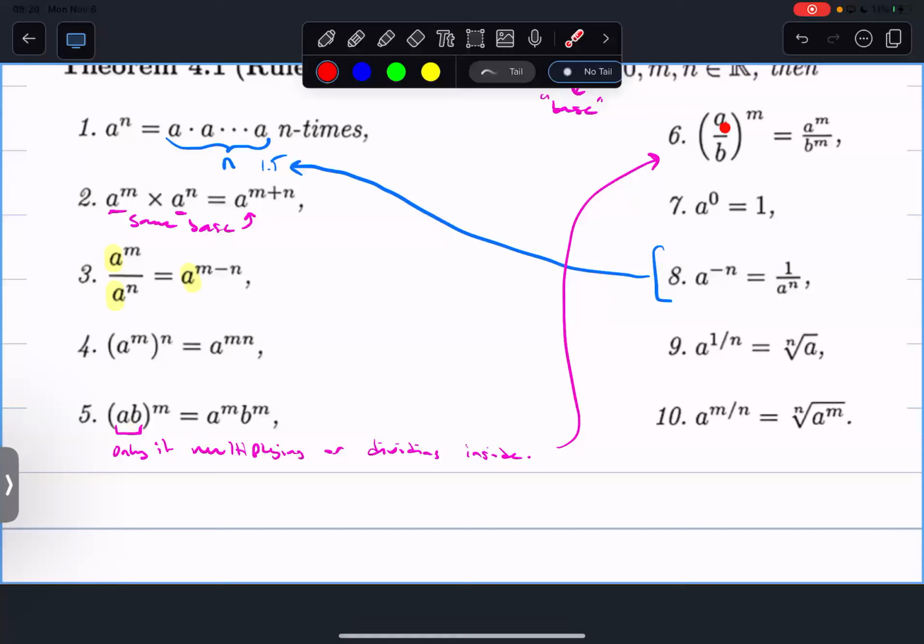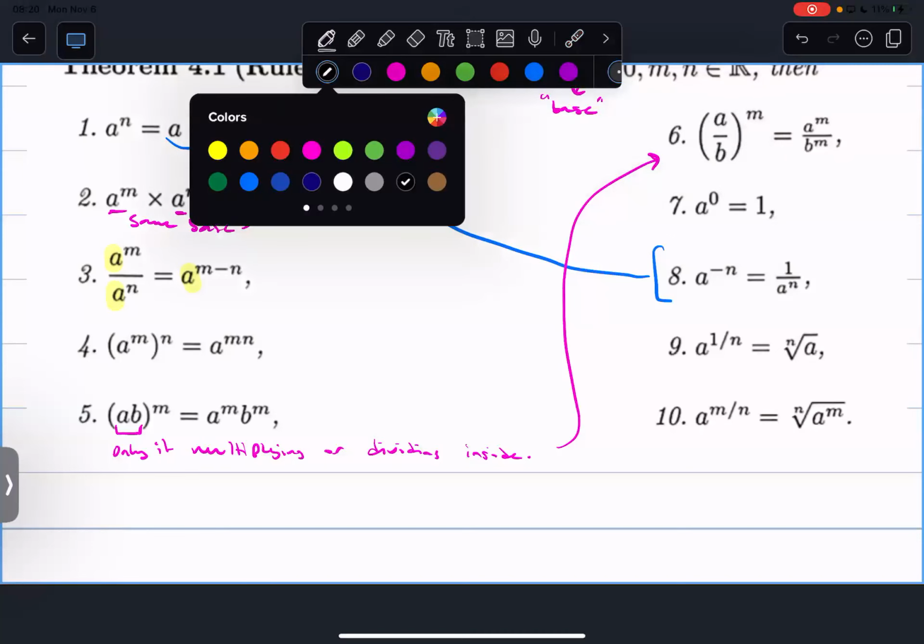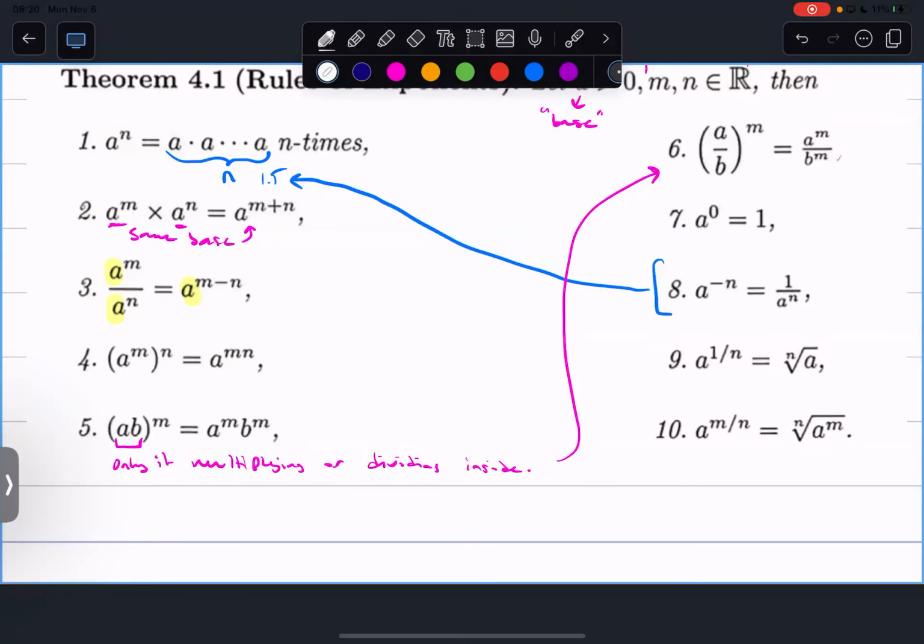Same thing, if I have a over b to the power of m, then I can distribute that power inside. Or usually what happens, I'm finding this little comma strangely distracting. I'm gonna, there. It's just this and this and this. But that one I found especially distracting.